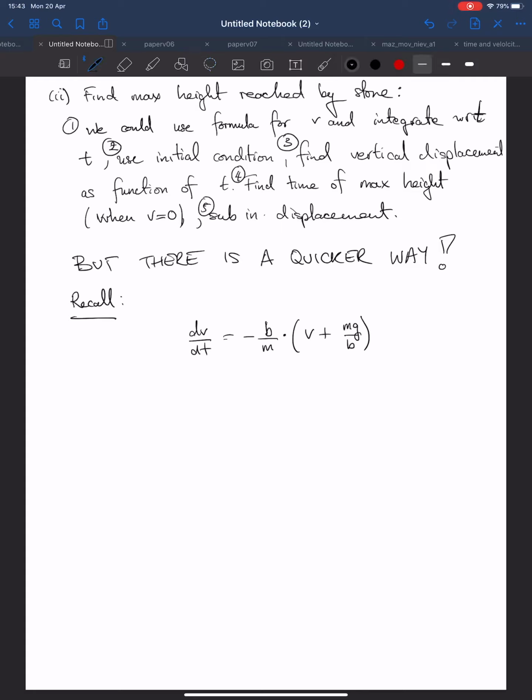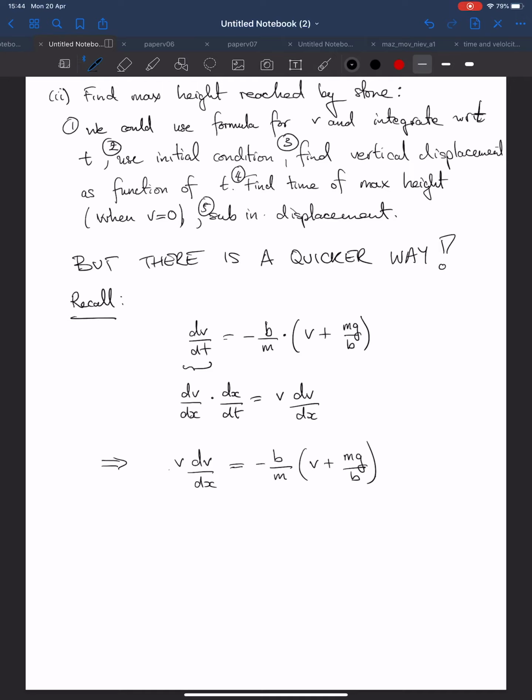So what I can do is the following. Using the chain rule, dv by dt is dv by dx multiplied by dx by dt, which is exactly what we did in the Romeo and Juliet problem with the cream egg. So this is v dv by dx. Good. So now I've converted the problem into one of finding v as a function of x, which will hopefully cut out all this business of having to do these 5 steps.